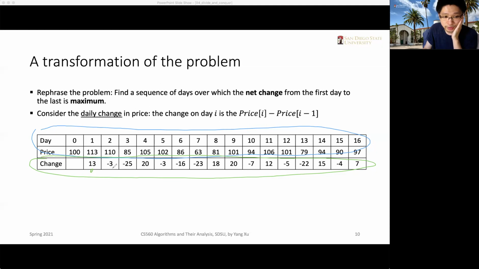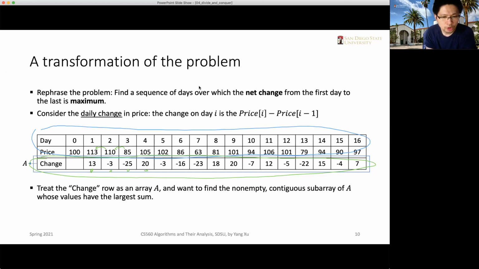And for day two, the net change is -4, because 110 minus 113 is -3. That's how we compute the change row. Now we use this change as input, and it will make the implementation of a more efficient algorithm much easier.